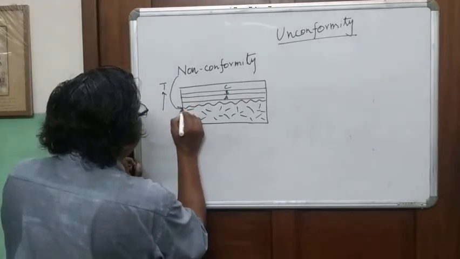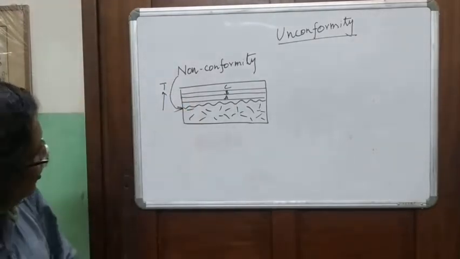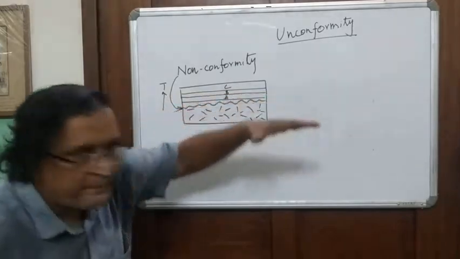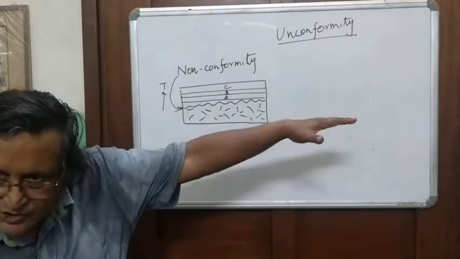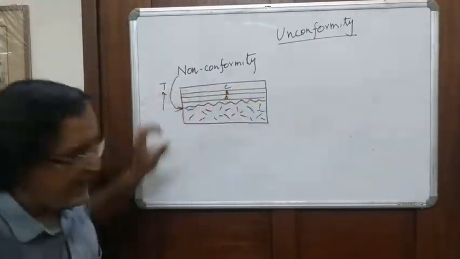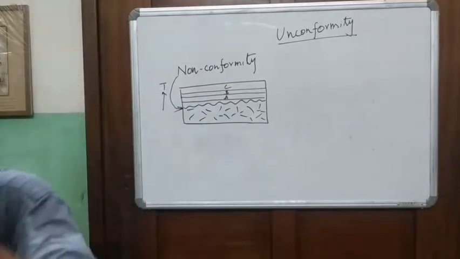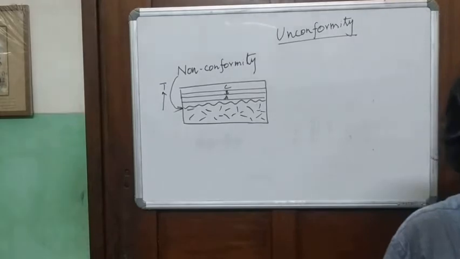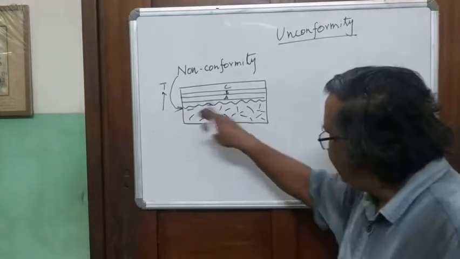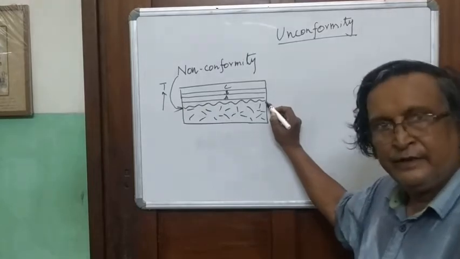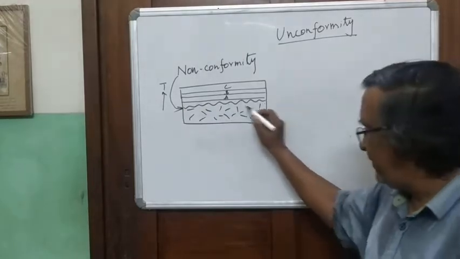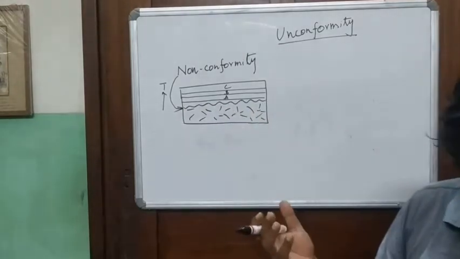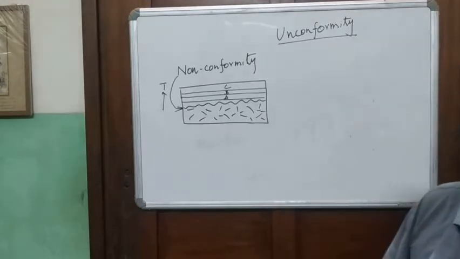Non-conformity is this plane. So sedimentary rocks are deposited in horizontal layers above a non-sedimentary crustal section composed of igneous plutonic rocks or metamorphic rocks. And this is the plane of erosion, never a non-deposition, because below this there is no sedimentary rock, so there is no question of deposition.